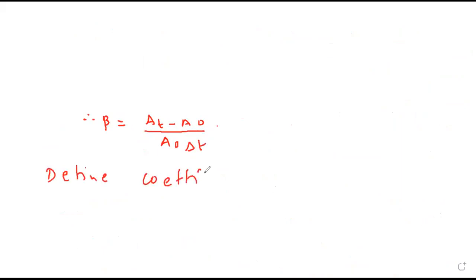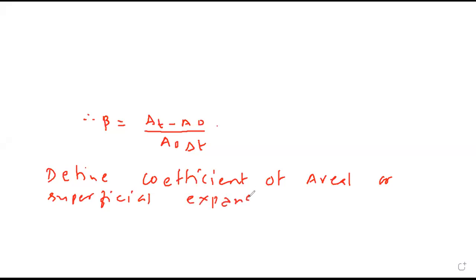So beta becomes AT minus A0 upon A0 delta T. Define coefficient of areal or superficial expansion. Again, I'm not changing my word, just length will become area.